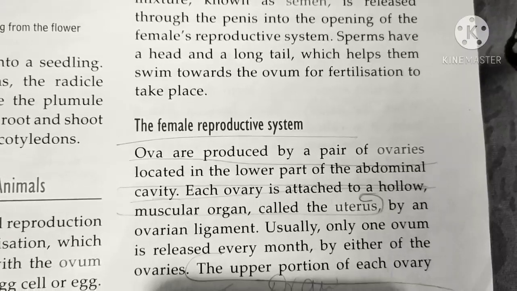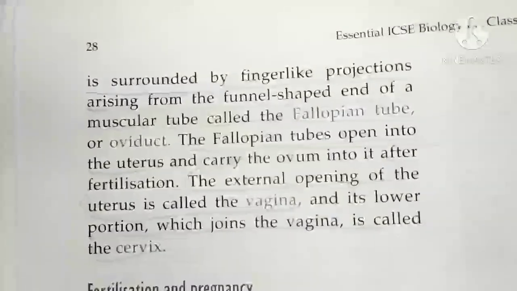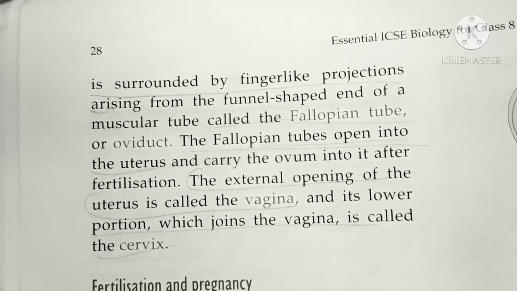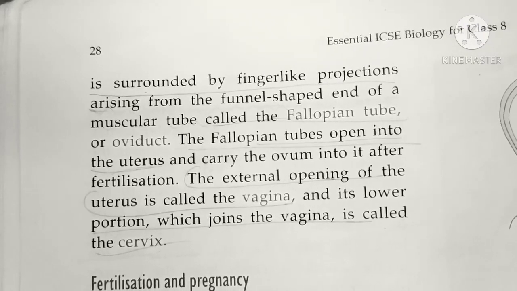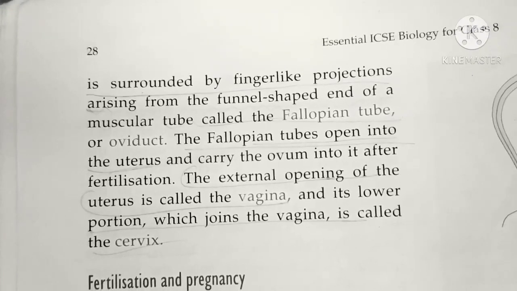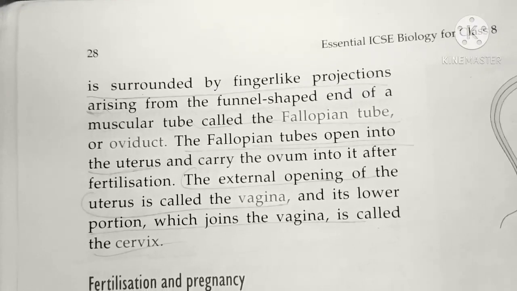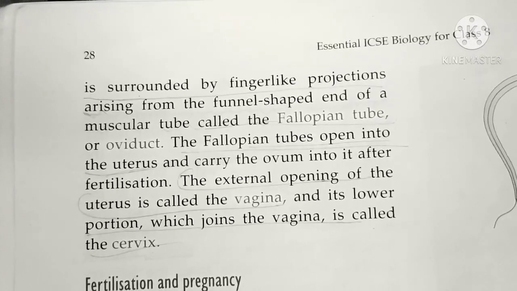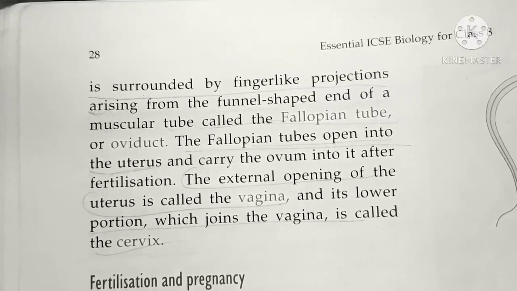The upper portion of each ovary is surrounded by finger-like projections arising from the funnel-shaped end of a muscular tube called fallopian tube or oviduct. The fallopian tubes open into the uterus and carry the ovum into it after fertilization.